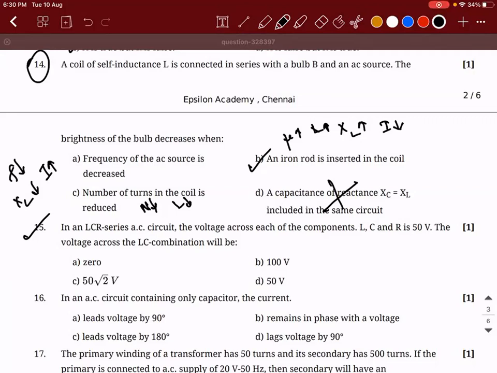Is it 100? Why 100? Sir, each of them have 50 volt. No, sir.